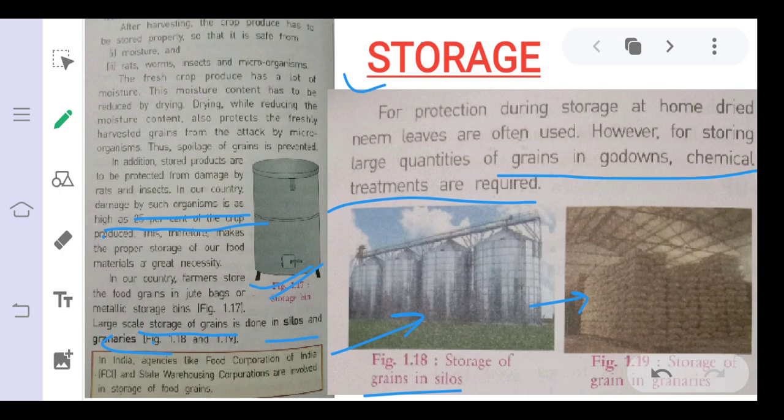And there are certain agencies in our country that are responsible for the storage of food. The first and very important is the Food Corporation of India, also known as FCI. Very, very important term, the FCI. And many other warehouse corporations are also there to store the food. So this is all about storage of food.